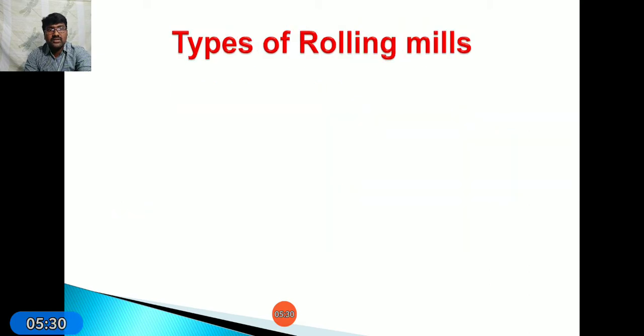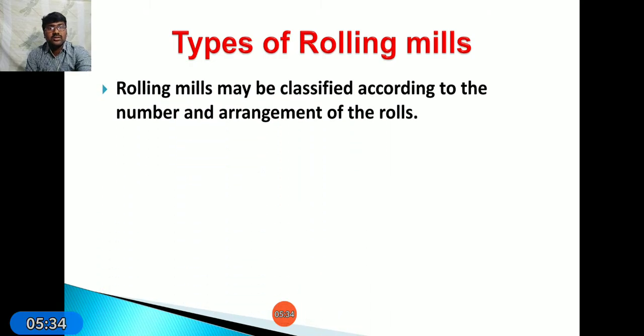Next, coming to types of rolling mills. In the previous section we discussed what the rolling process is and the types of rolling process. Coming to the rolling mill, what is a rolling mill? A rolling mill is where we decrease the cross section of the workpiece from higher to lower.